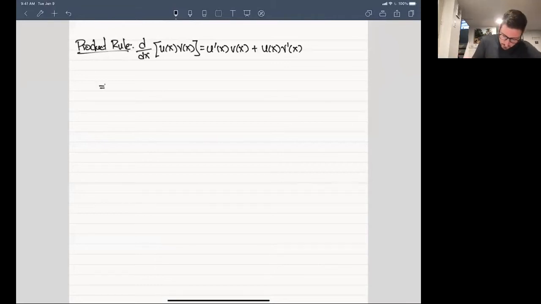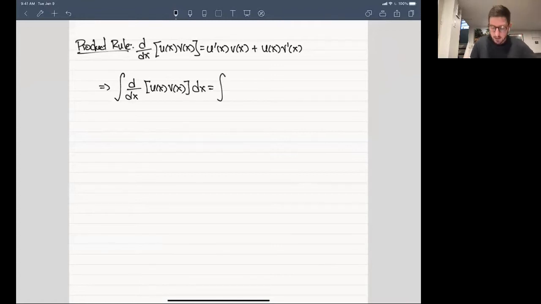So then I could say, what about the following? If I slap an integral around both sides of this equality, I still have equalities. And what you can see from the left-hand side is that the fundamental theorem of calculus tells you that the left-hand side eliminates that derivative here.